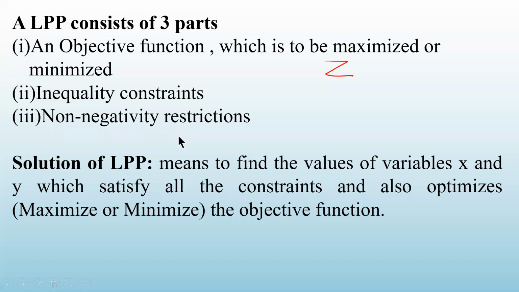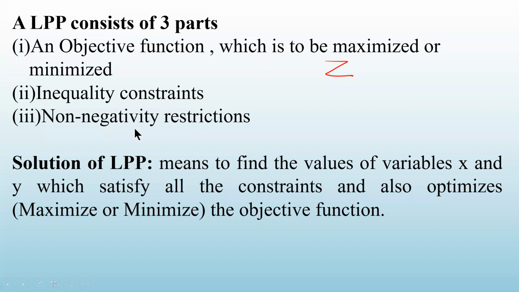And the third one is non-negative restrictions, which every linear programming problem will have. Now see, in your syllabus, as I mentioned before, there will be only two variables, x and y, because we are going to solve these problems by using the graphical method. In general, a linear programming problem may have more than two variables, and the solution of such a problem cannot be done by the graphical method. There are other methods which are not in your syllabus.